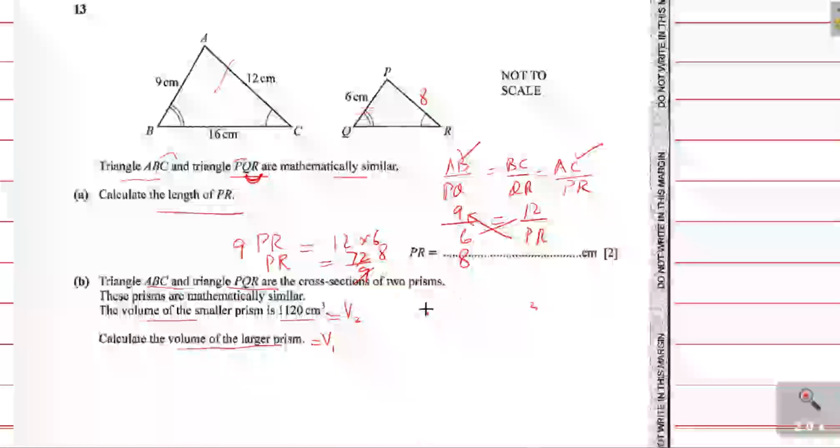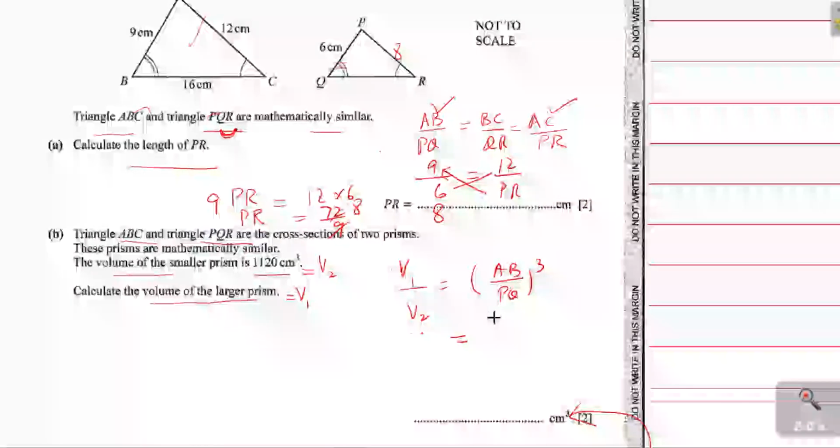If two solids are similar, the ratio between volumes V1 over V2 will be equal to the cube of the corresponding ratio of the lengths of the solids. Look here, this is AB over PQ, the corresponding lengths of these similar shapes, and the cube of this corresponding length ratio will be equal to V1 over V2.